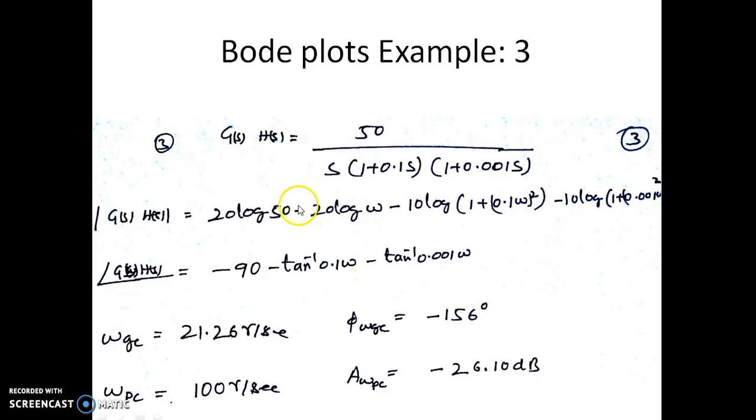Let us also find out omega pc. Omega pc can be found by equating the phase equation to minus 180 degrees. Using the calculator, we can do shift solve. We get omega pc directly as 100 radian per second.